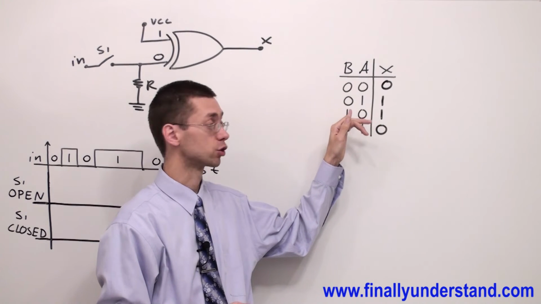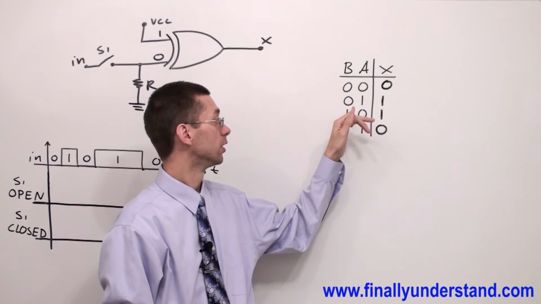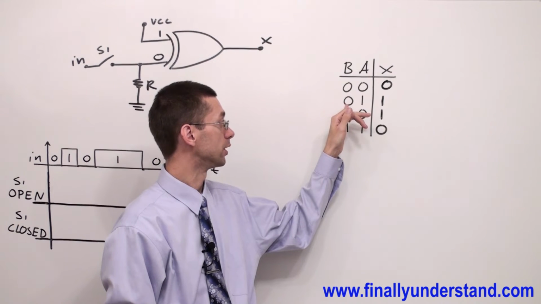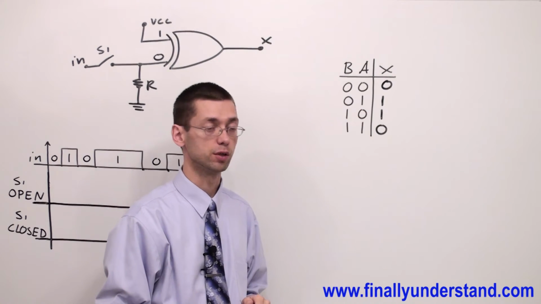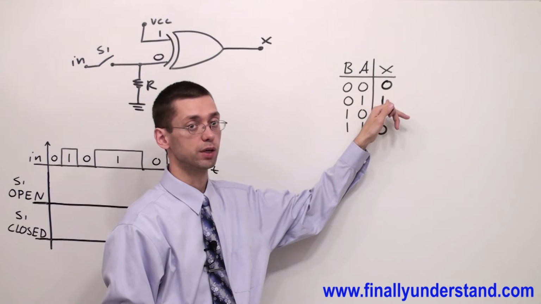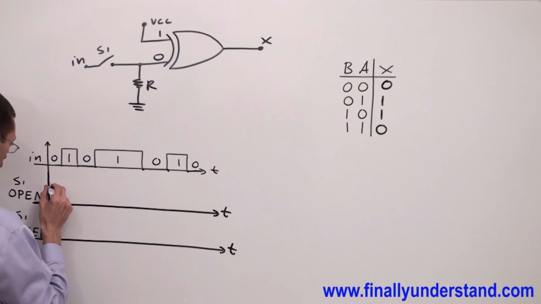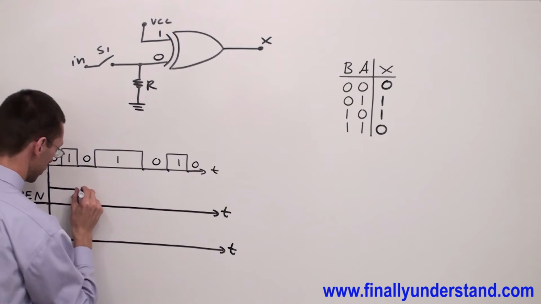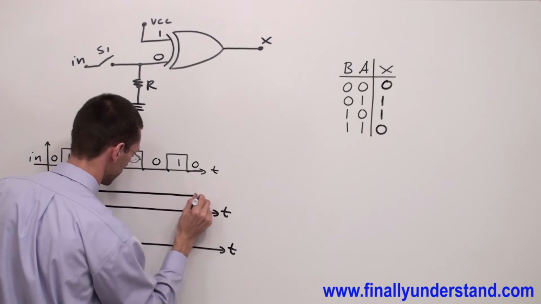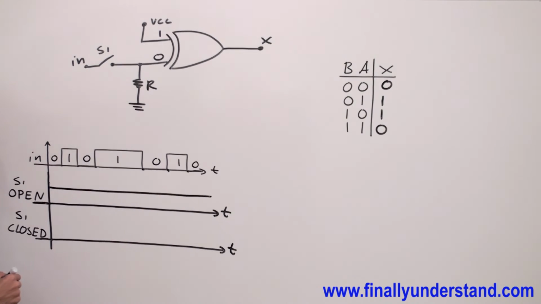If exclusive OR has logic 0 at one of the inputs and logic 1 at the other input, the output is going to be high. So I'm going to draw logic 1. This is the first part of my problem. I can say that this is half of my answer.